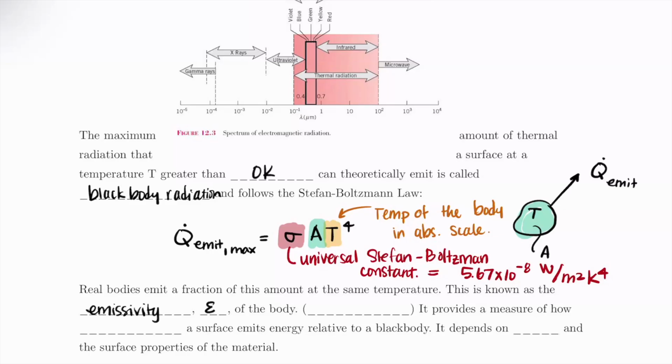It's given the variable epsilon. So this value is always going to be between 0 and 1. So you can kind of think of it as an efficiency. So it's a measure of how efficiently a surface emits energy relative to a black body. And it's going to depend on temperature and the surface properties of the material.